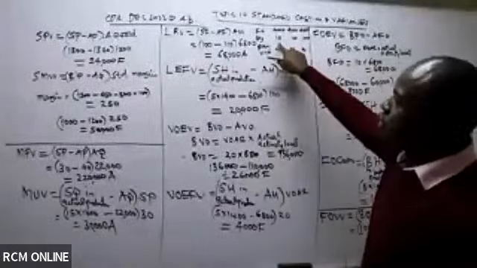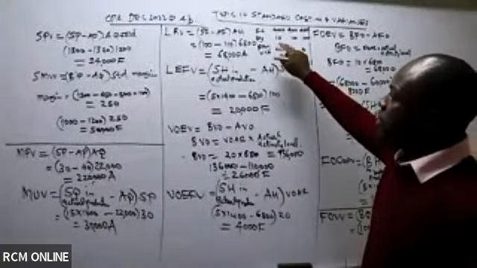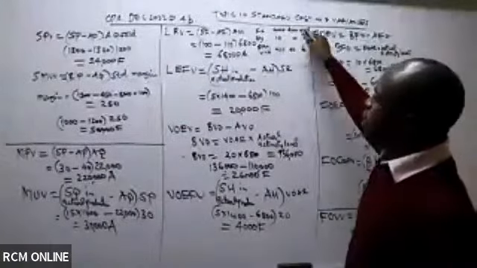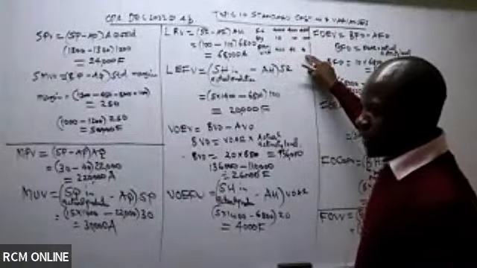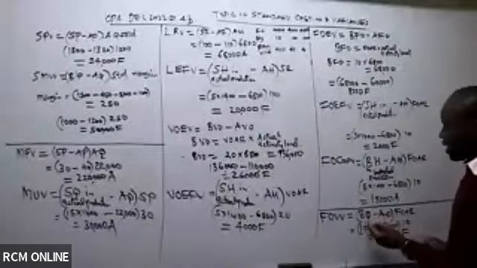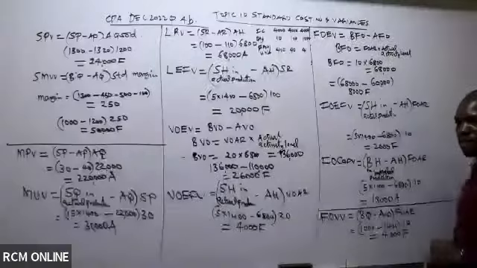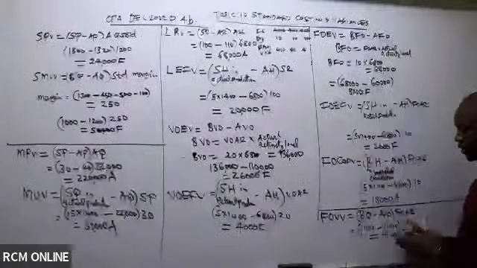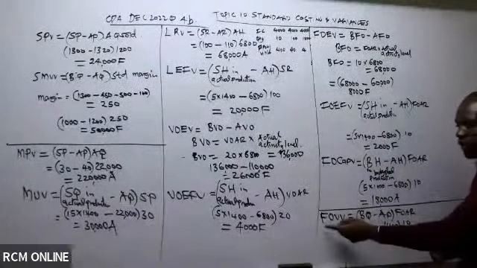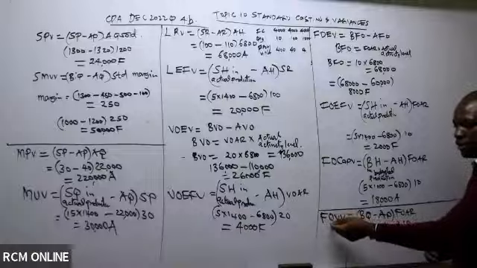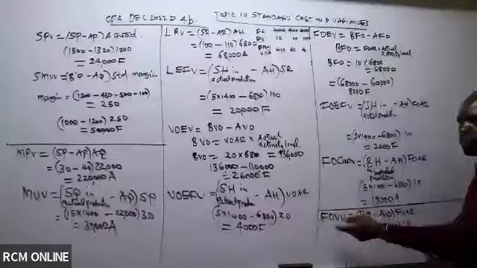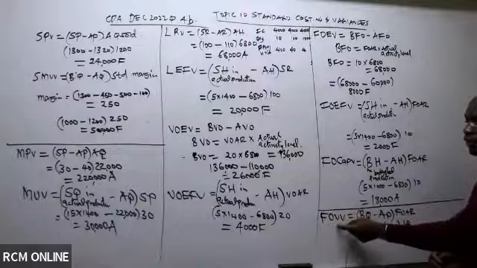It is following this rule: as the volume increases, cost per unit reduces. So the moment we see budgeted quantity is less than actual quantity, we are talking about favorable fixed overhead volume variance.